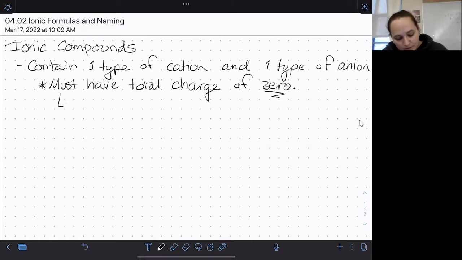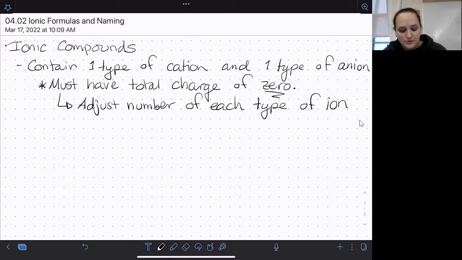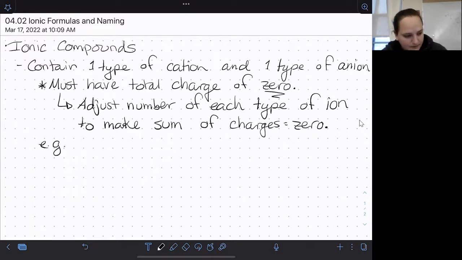So what we need to do to write our formulas correctly is we adjust the number of each type of ion to make that true, to make the sum of the charges 0. So let's look at a couple examples.